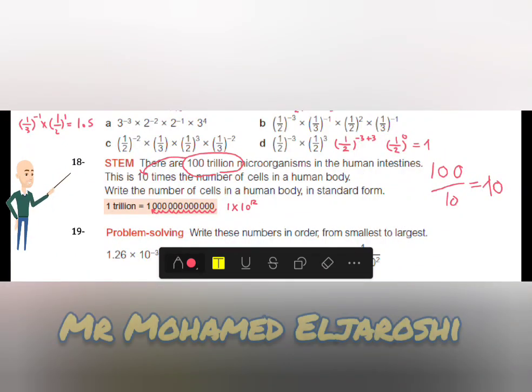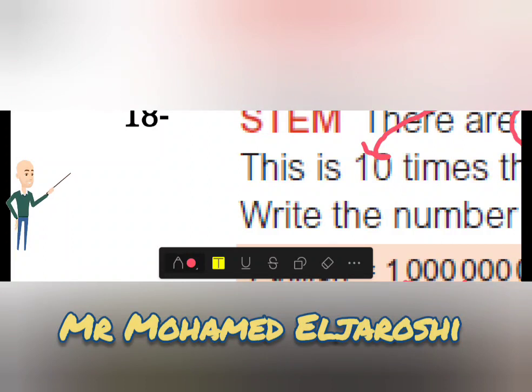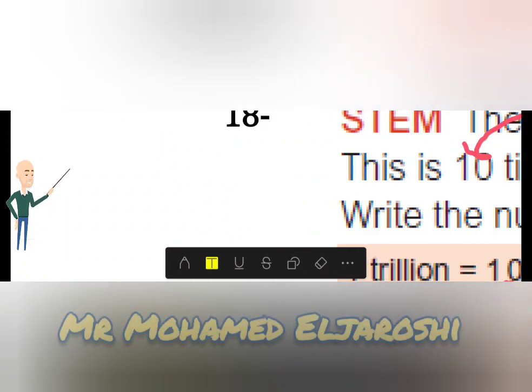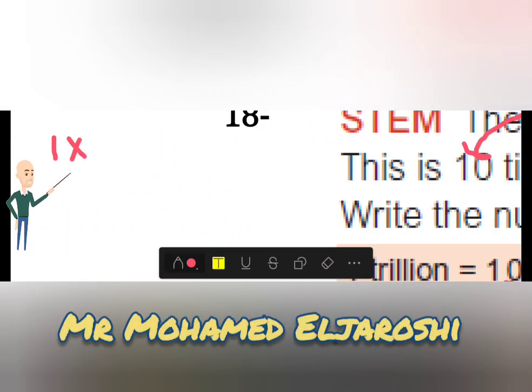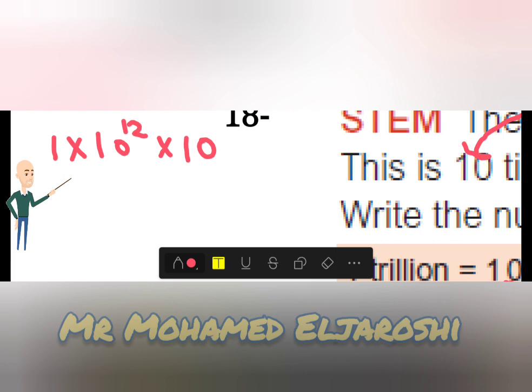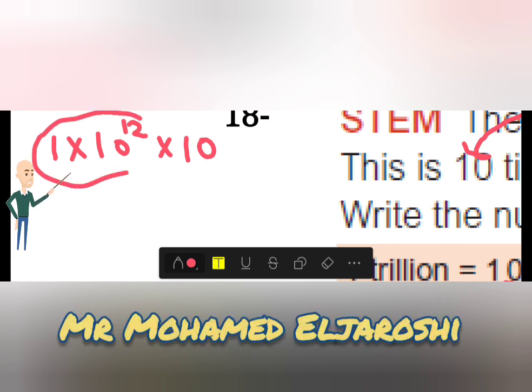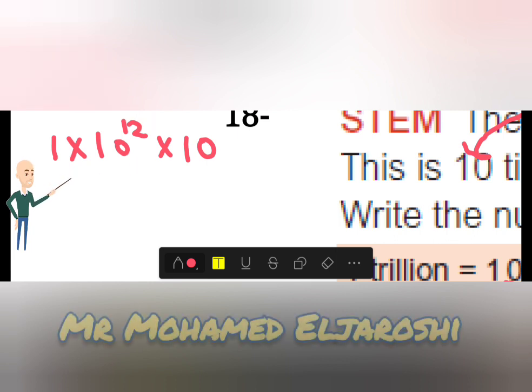Now, this is the trillion. Now, we need 10 trillion. So we're going to take this number and multiply it by 10 so we can find the number of cells in the human body. So we take the same number, which is 1 multiplied by 10 to the power of 12, and we multiply it by 10 because this one is a trillion and the human body cells are 10 trillion.